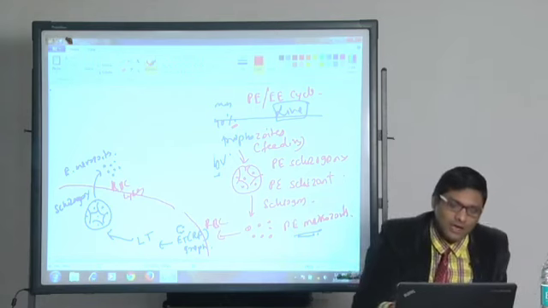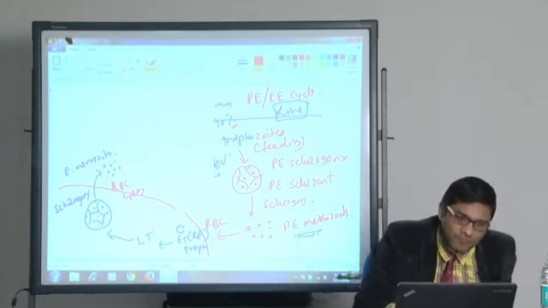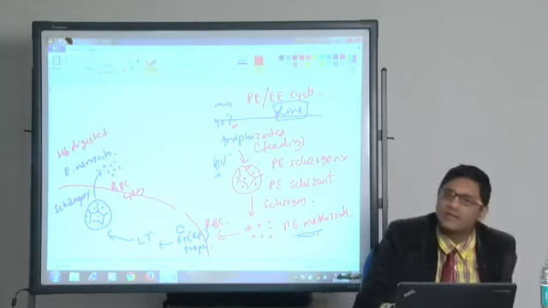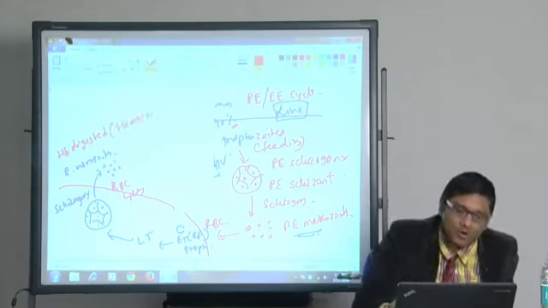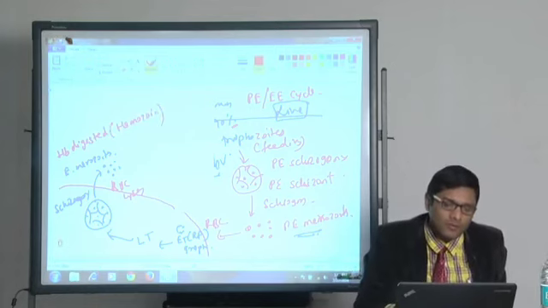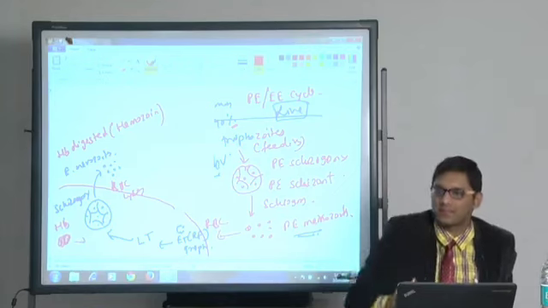So, when they are released out, along with that, the hemoglobin digested byproducts also will be released, which are called hemozoin. You know that inside RBC hemoglobin will be there, and hemoglobin is the nutrition for the parasite.